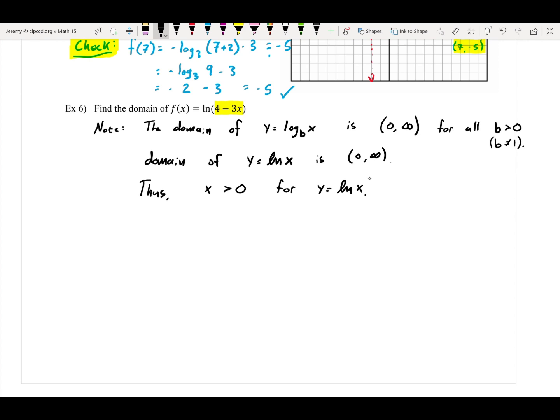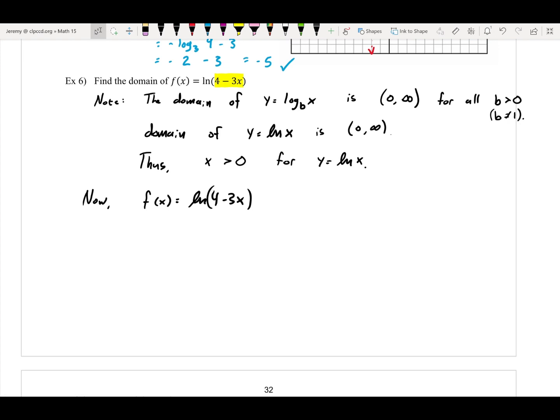So now let's focus on our actual function. So now, f of x is equal to the natural log of (4 minus 3x). That whole quantity is going into this function. So since the whole input is 4 minus 3x, we just need that 4 minus 3x to be positive. It needs to be strictly greater than 0.